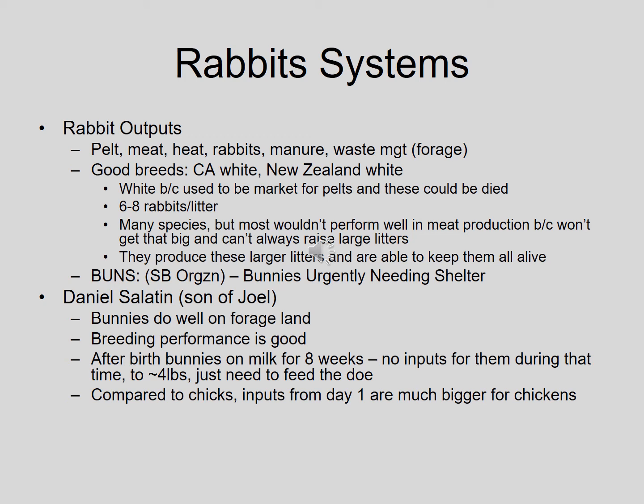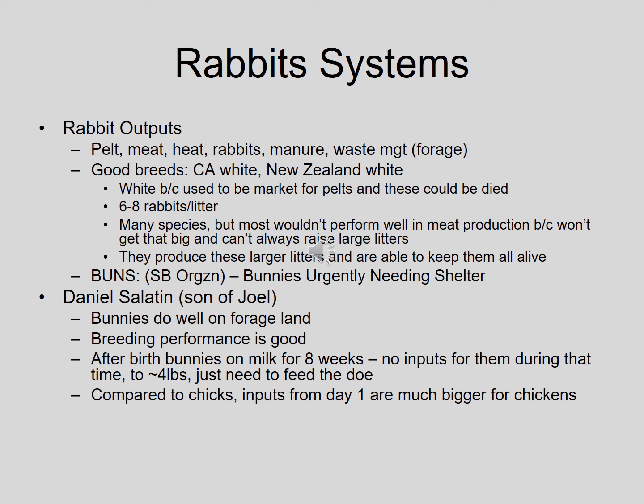They produce about 6 to 8 rabbits per litter, and those are pretty good sized litters. And they're usually able to keep all those babies alive. So Joel has developed systems using the same thing as a chicken tractor, but it's a rabbit tractor.